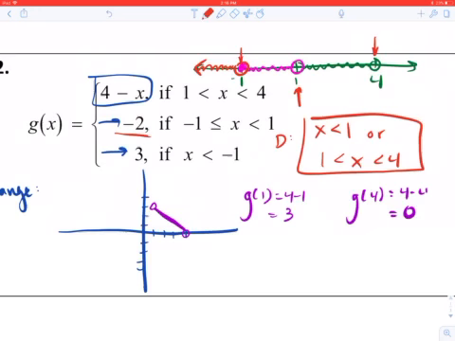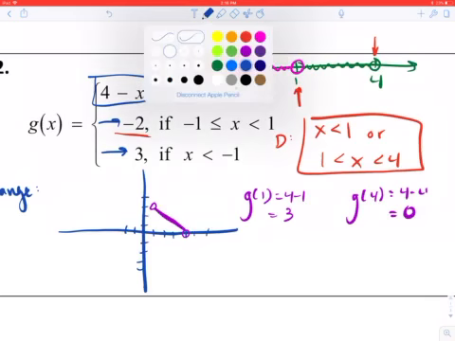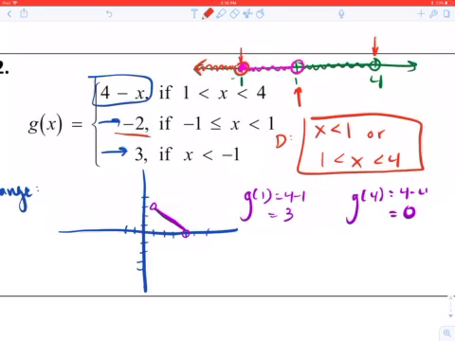Now, let's do those other two. This one here, if it is between -1 and 1, I have to put a few more marks here. It is at -2. So here, I've got a closed circle there, and then all the way to here with an open circle.